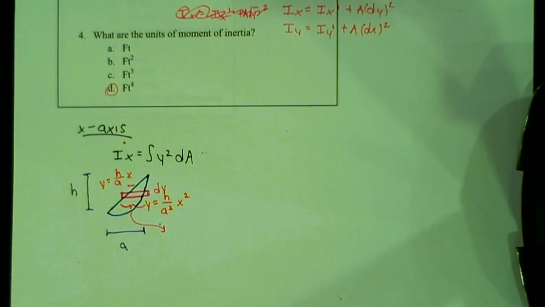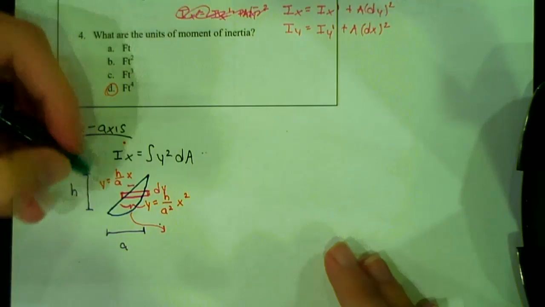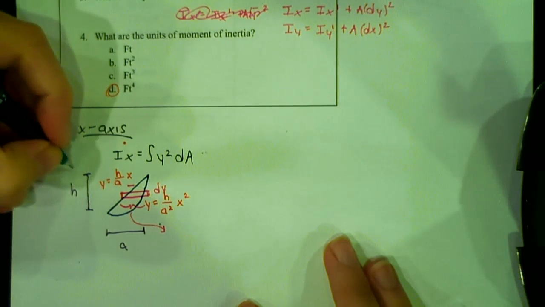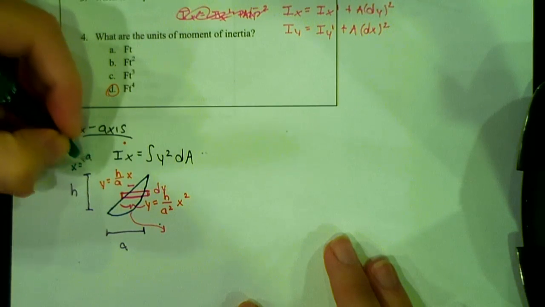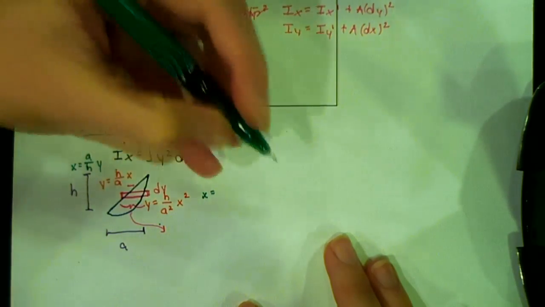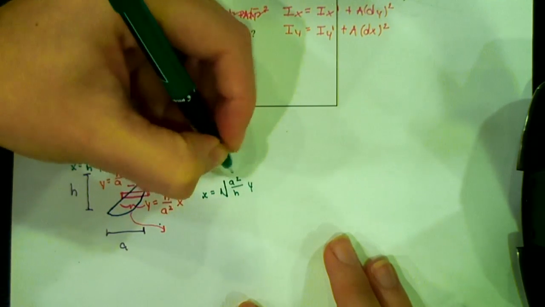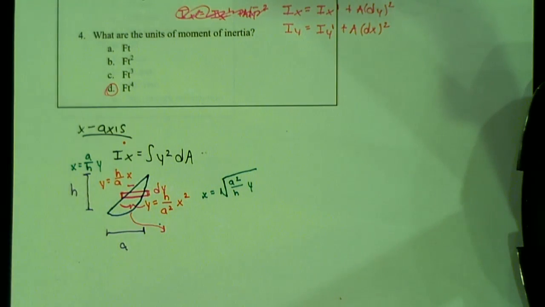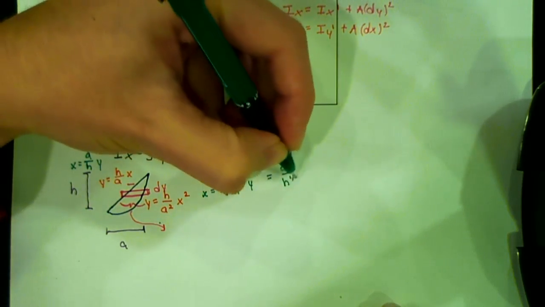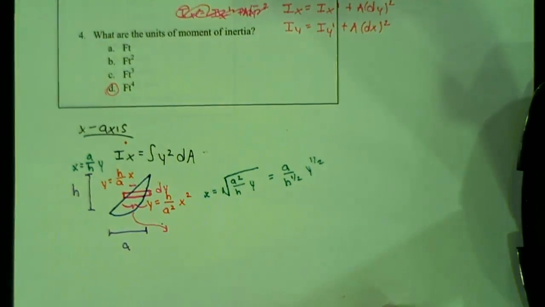For y equals h over a x, I can say that x is equal to a over h times y. Then for this one, x is equal to the square root of a squared over h times y. If we wanted to, we could simplify that and say it's a over h to the 1/2 times y to the 1/2. Easier with exponents.